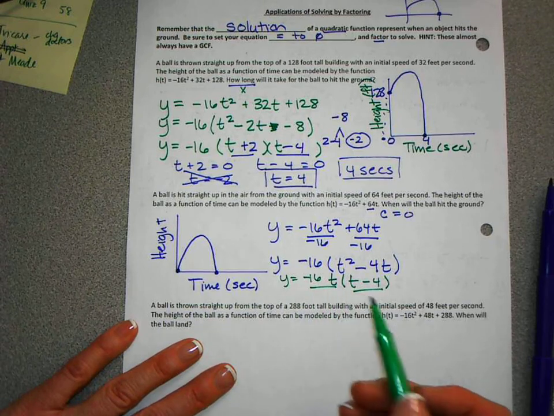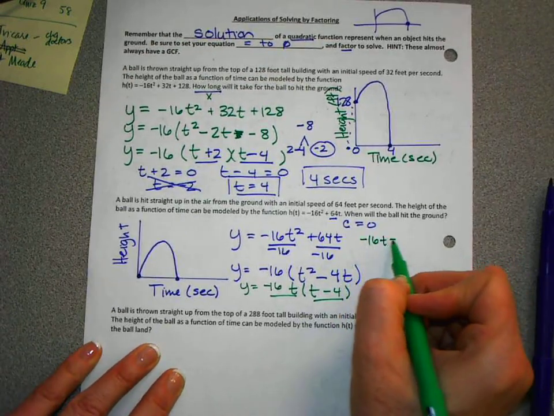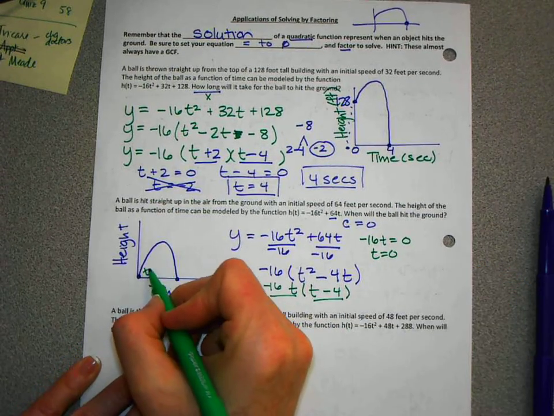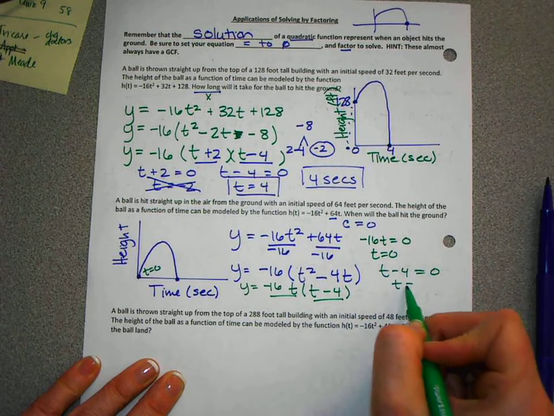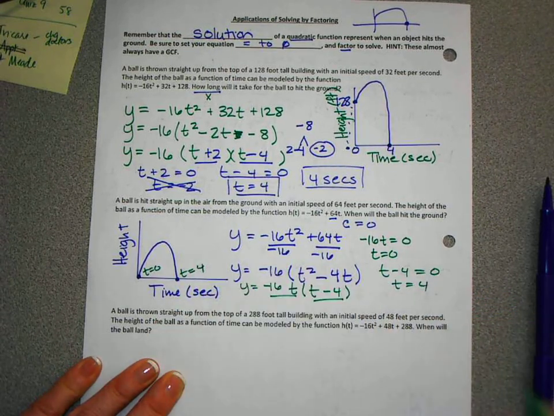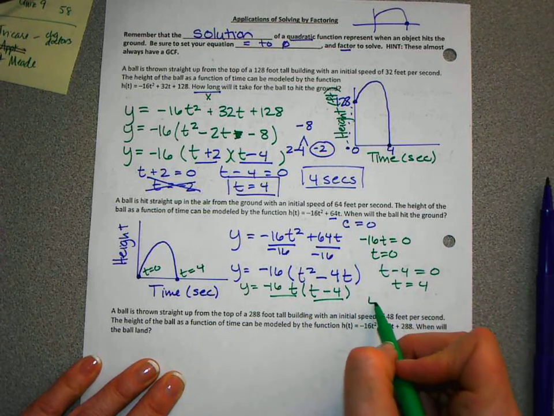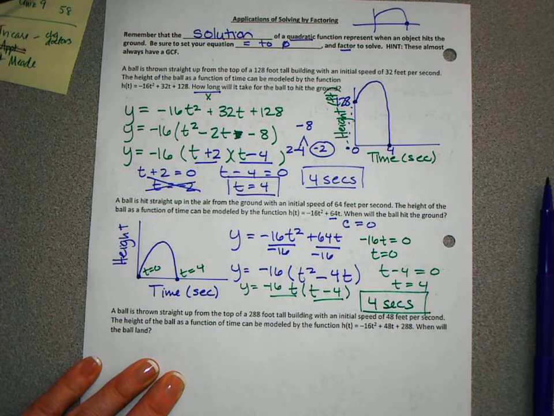The first one, -16t equals 0, divide by -16 and you get t equals 0. And then the next one, t minus 4 equals 0, t equals 4. So the question: when will the ball hit the ground? 4 seconds. The ball will hit the ground in 4 seconds.